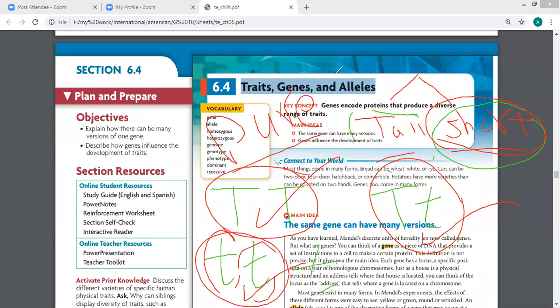So the difference between genotype and phenotype: phenotype is the physical expression of genes. Genotype is the set of genes in DNA that represent the phenotype. And we explained the first law of segregation.